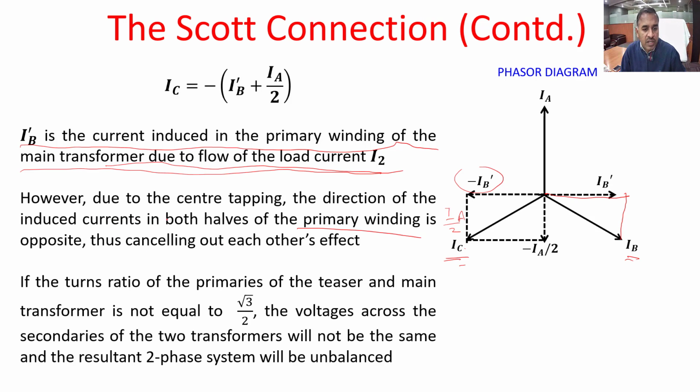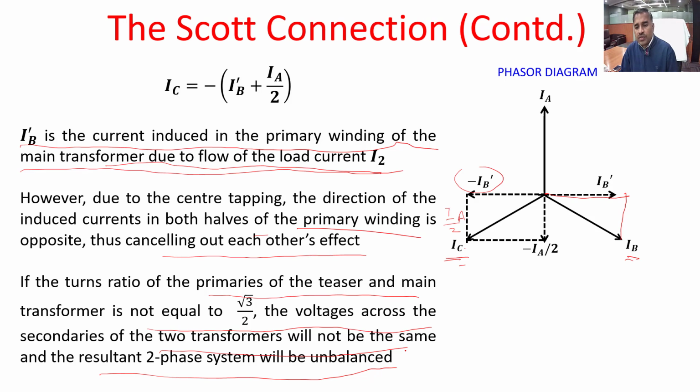However, due to the center tapping, the direction of the induced currents in both halves of the primary winding is opposite, thus cancelling out each other's effect. If the turns ratio of the primaries of the teaser and main transformer is not equal to root 3 by 2, the voltage across the secondaries of the transformer will not be the same. That's what I have just now discussed. So therefore the turns ratio of the primaries should be in this order.